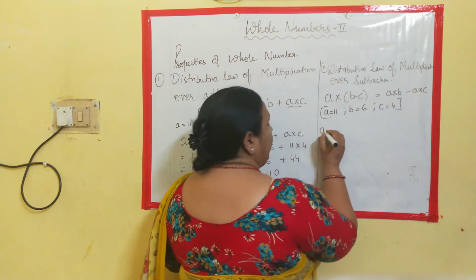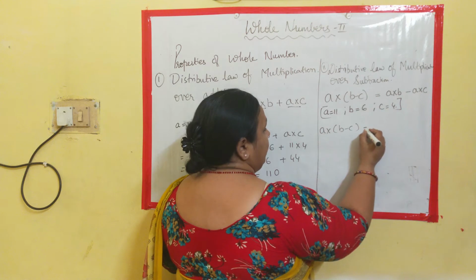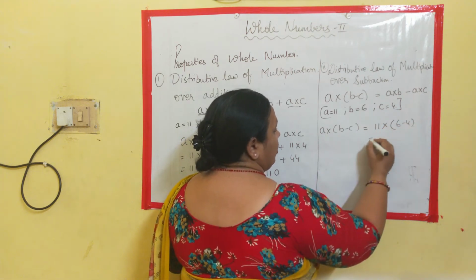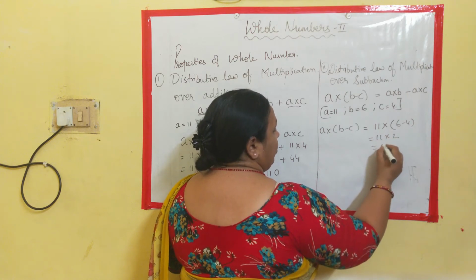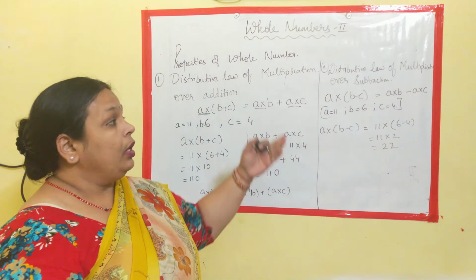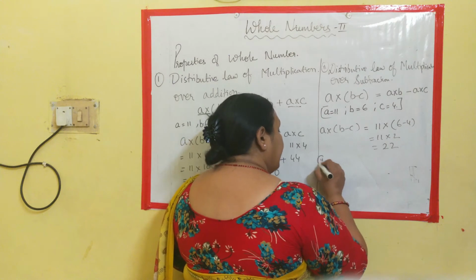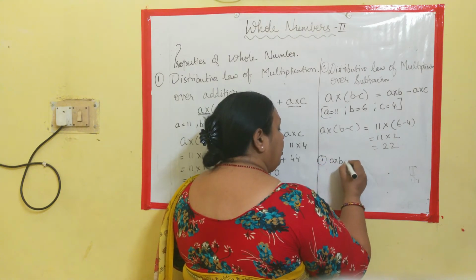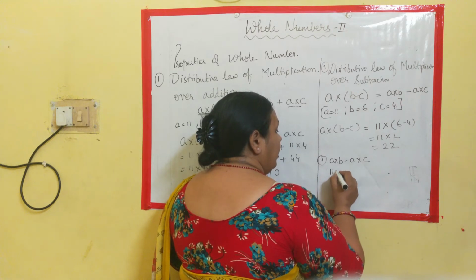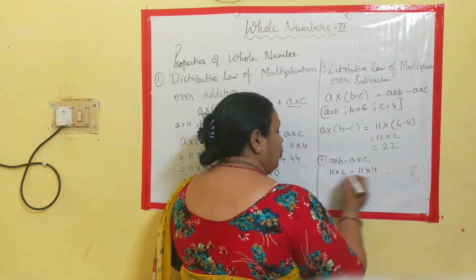So, we will be finding the value of A into B minus C. That is nothing but 11 into 6 minus 4, which is 2, and you will be getting the value as 11 twos are 22. Let's check for A into B minus A into C. A will be your 11 and B is 6, minus 11 into 4.